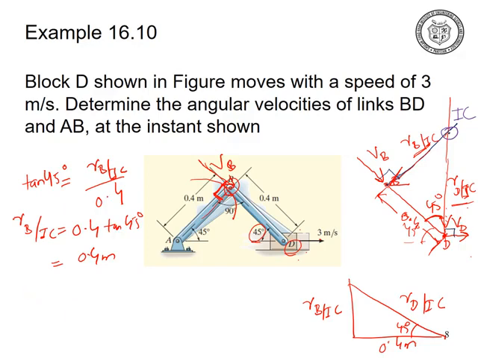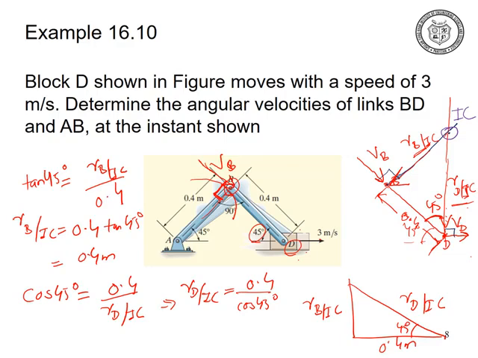Cos of 45 degrees equals 0.4 divided by RD with respect to IC. So RD with respect to IC equals 0.4 divided by cos of 45 degrees, which is equal to 0.5657 meter.